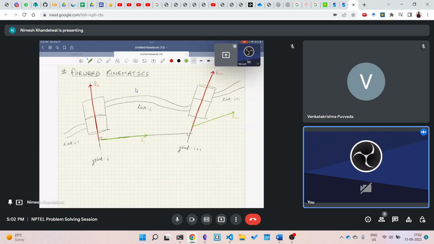So in this week's lectures, you have learned about forward kinematics and the DH algorithm.